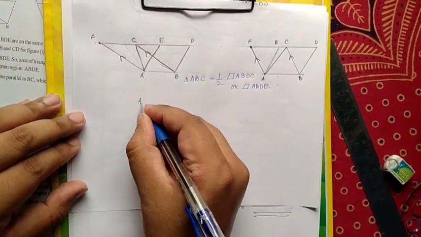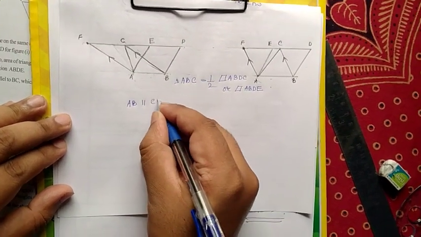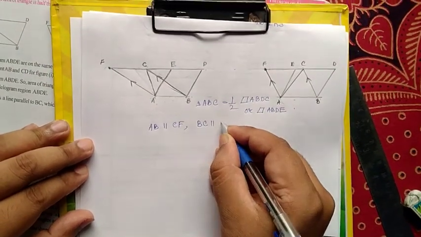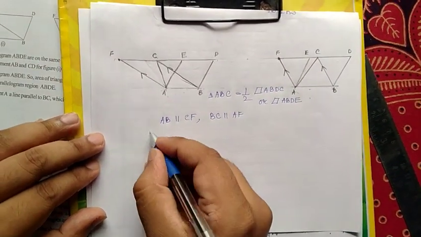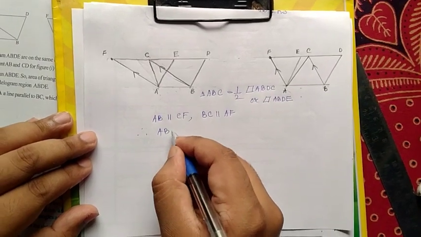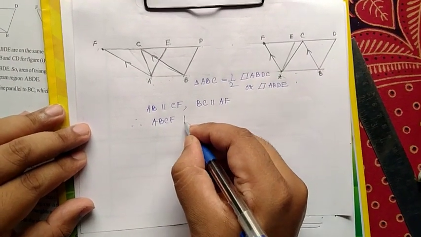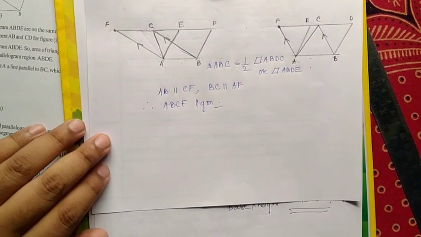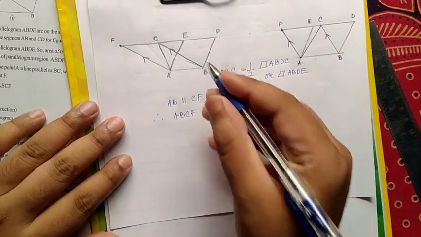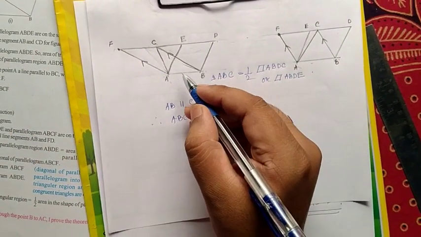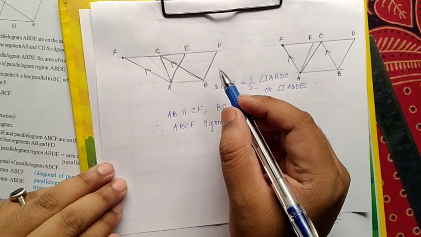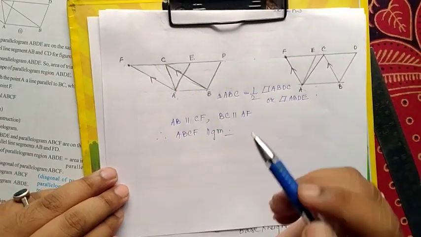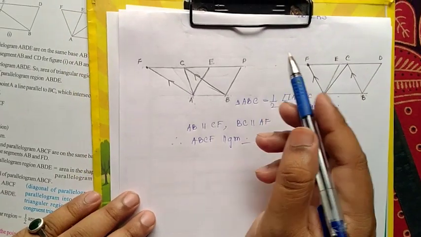Because AB is parallel to CF and BC is parallel to AF, so therefore ABCF is a parallelogram. Now from Theorem 23 we know that if two parallelograms are on the same base and the same parallels, the areas of these two parallelograms are always equal.